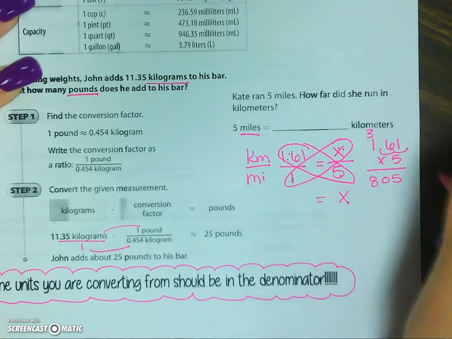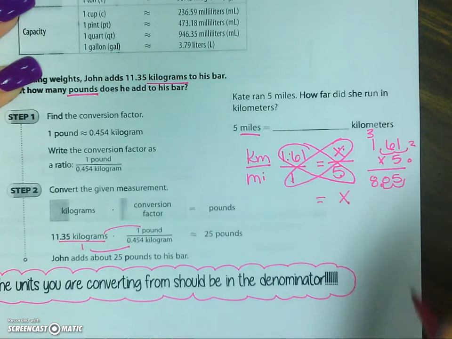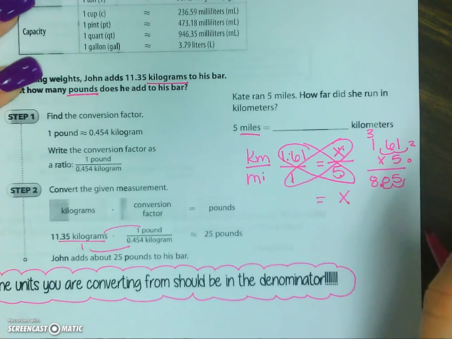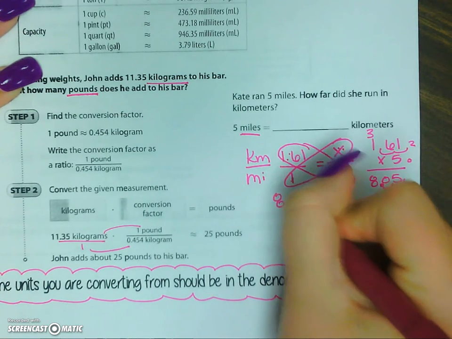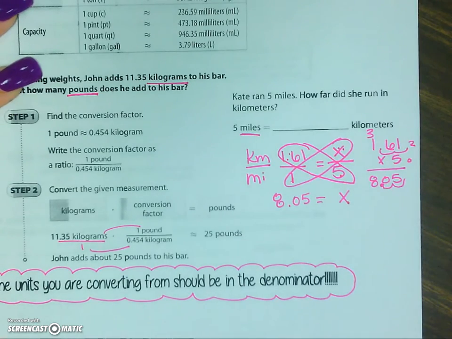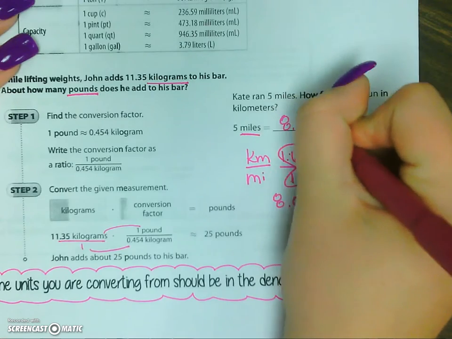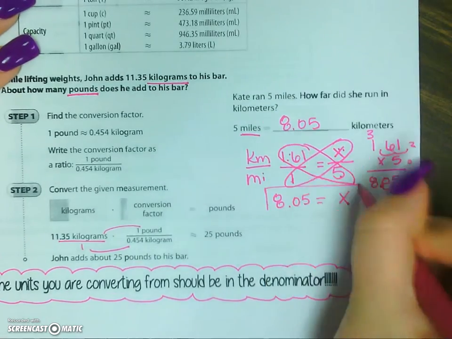Count the number of numbers behind the decimal. So 8 5/100. So 5 miles is equal to 8 5/100 kilometers. So this was my answer, okay?